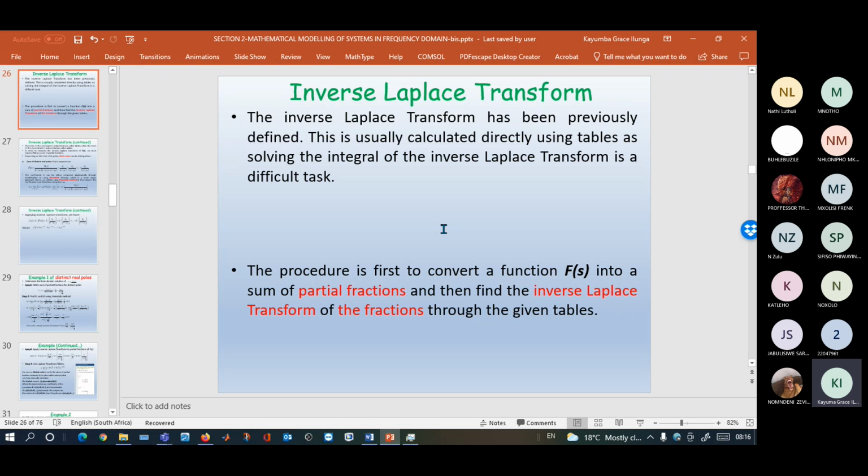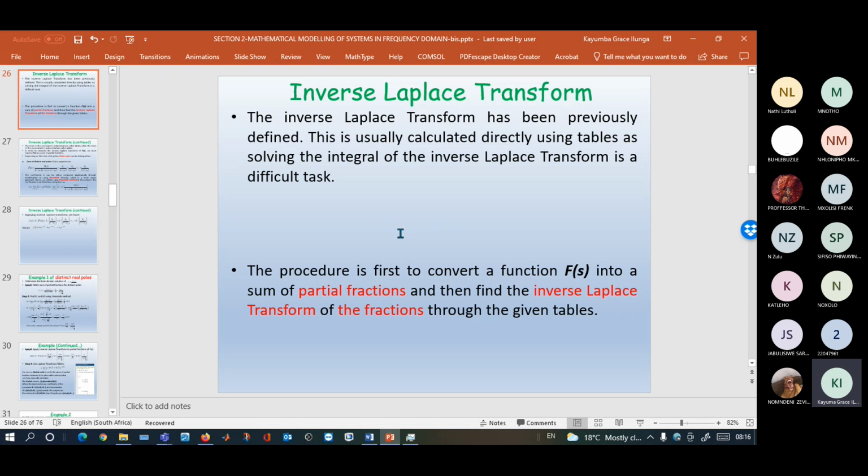So that procedure will be to convert first the function that we have in a frequency domain. We have to convert it in a sum of partial fractions. And after we get the partial fractions, we can apply the inverse Laplace transform using the Laplace transform tables. So this is what we are going to do basically today.